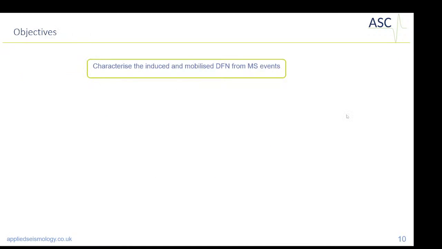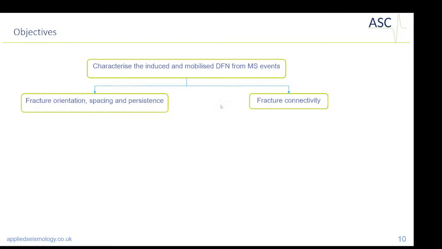So, a summary of the objectives: we want to characterize the induced and mobilized discrete fracture networks from the analysis of this seismic catalog. We want to obtain full characterization, giving us the orientation of the fractures, the spacing and the persistence of these fractures, and also some information on the fracture connectivity, because this is a main outcome of this type of project.